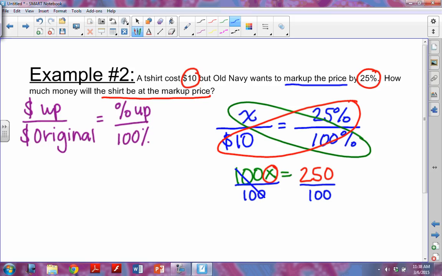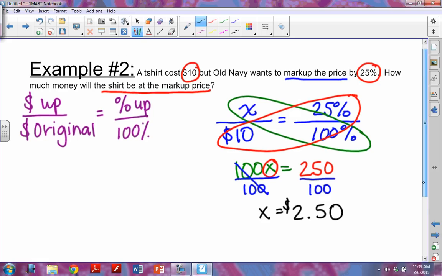These cancel out, and I'm left with x is equal to 2.5, or 2 5/10. Now, this is telling me how much money the shirt is going to be marked up by, so I need to put the money sign with it. Money is always out of 2 decimal places, so I'm going to put a placeholder there of the 0.